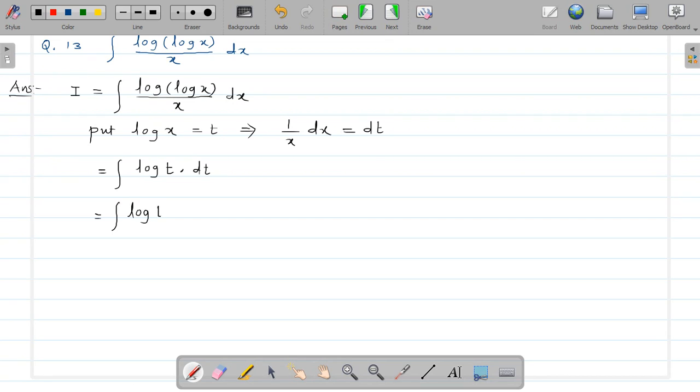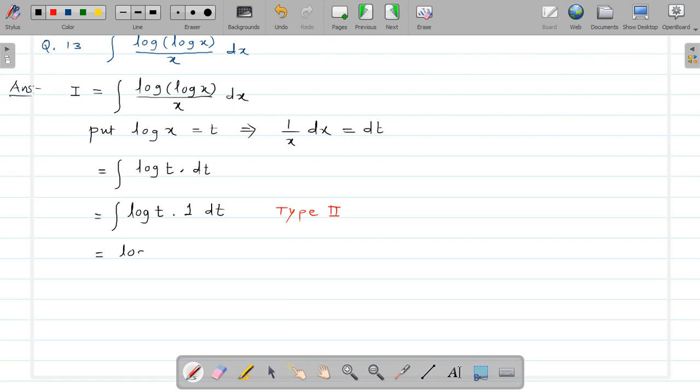So we have to take log t into 1, considering 1 as the second function. As we discussed earlier, already in type number 2, remember. So after considering 1 as the second function, this is u and this is v, now evaluate by using integration by parts.